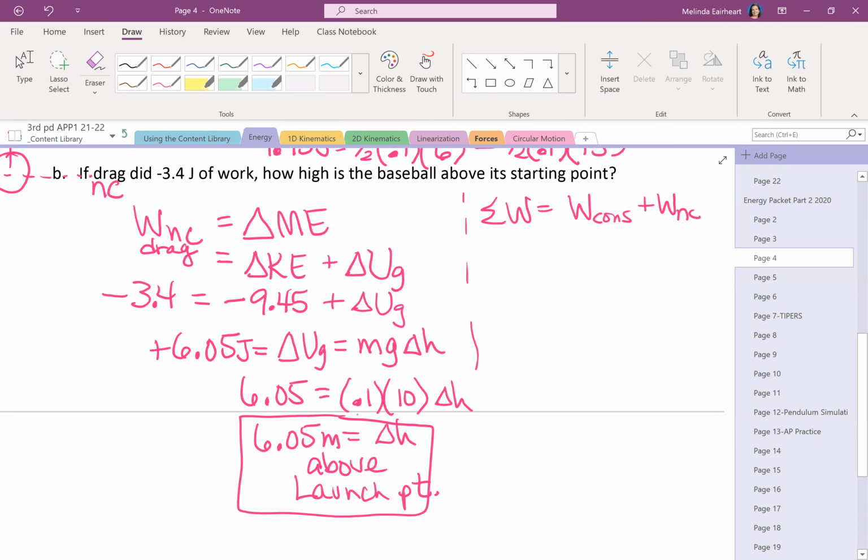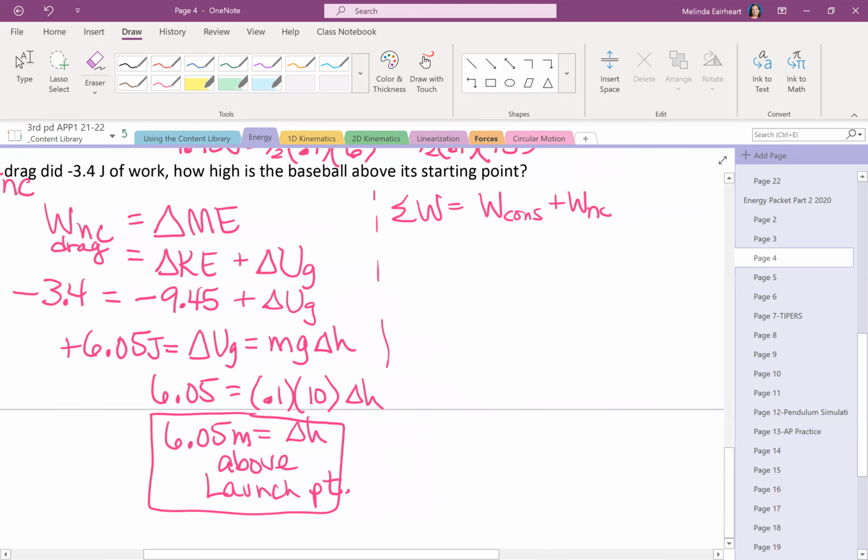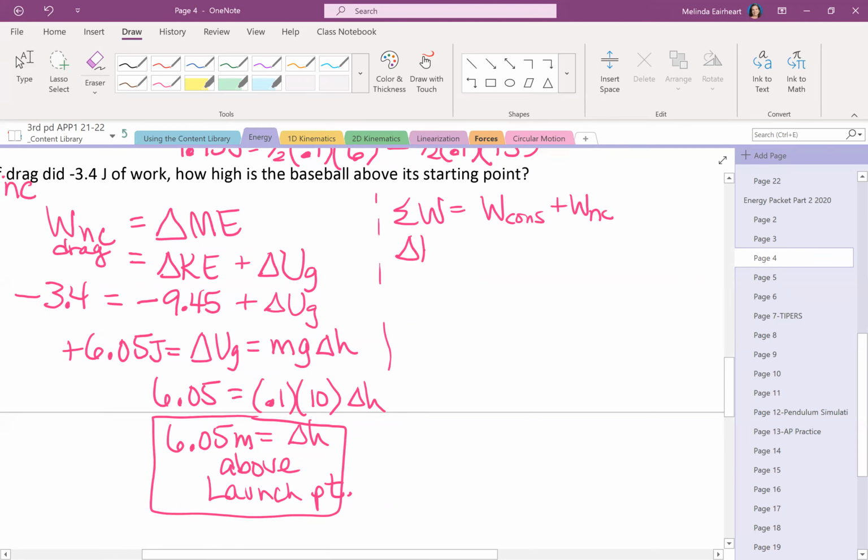Okay. And just as a real quick on the other one, okay, it should go quicker now. Net work is your change in kinetic. And then the conservative work, just to reiterate, you would say it's equal to a negative change in potential.